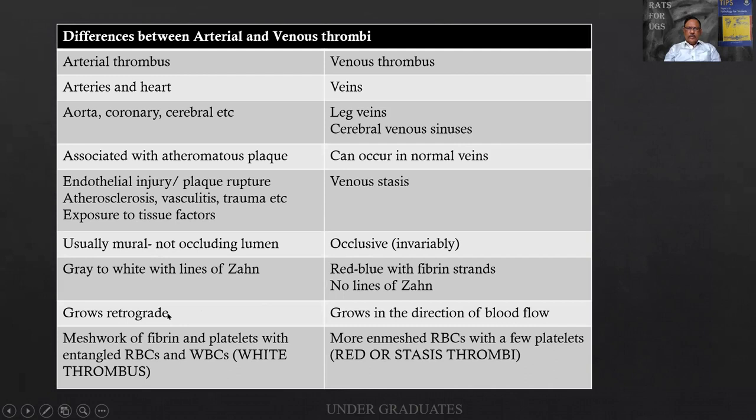It grows in a retrograde manner, whereas here it grows in an antegrade manner in the direction of blood flow. And there will be a meshwork of fibrin and platelets entangled with RBCs and WBCs. Here there will be minimal amount of fibrin and there will be stasis for thrombus formation. Please learn this entire one by heart, it is worth it.